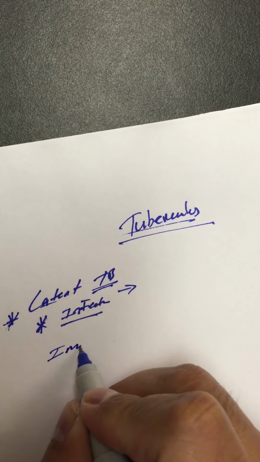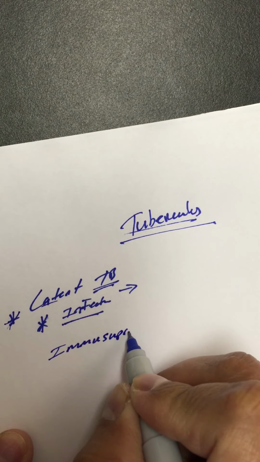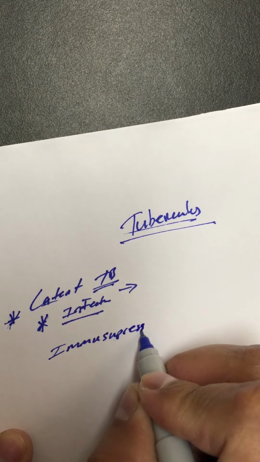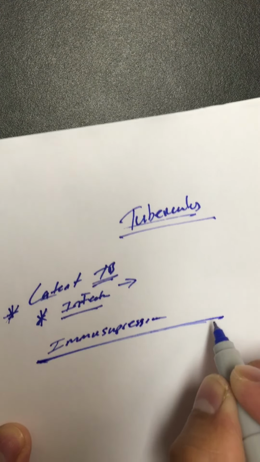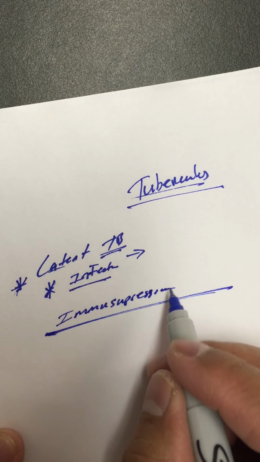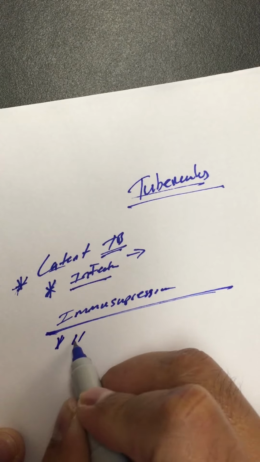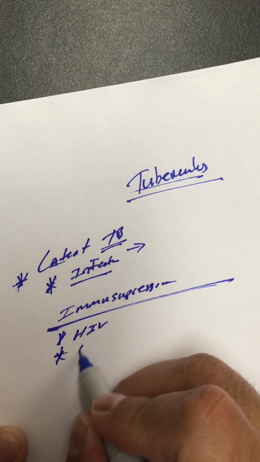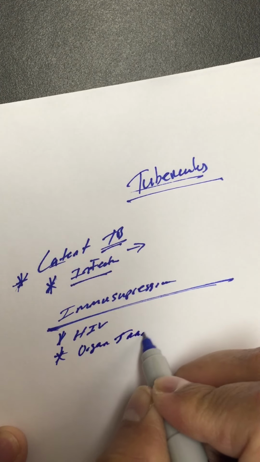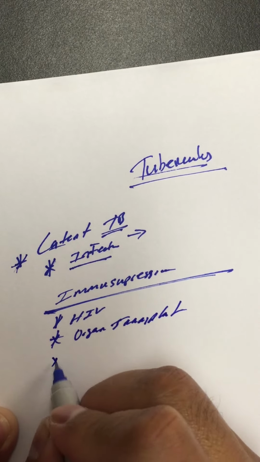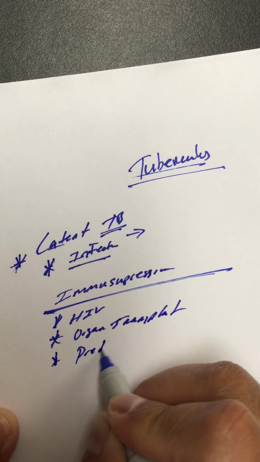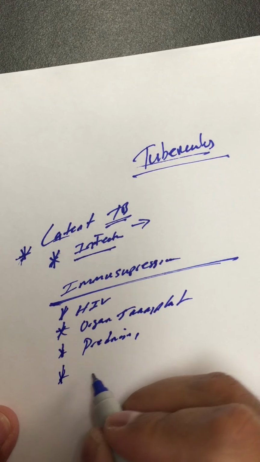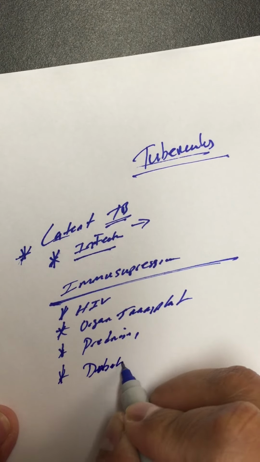So in patients with immunosuppression, I forgot how to spell immunosuppression, so forgive me about that, guys, but in an immunosuppressed patient, we just talked about one patient with HIV, maybe a patient with some type of organ transplant, maybe a patient who is on prednisone or hydrocortisone, some type of corticosteroid therapy, or maybe a patient with diabetes.